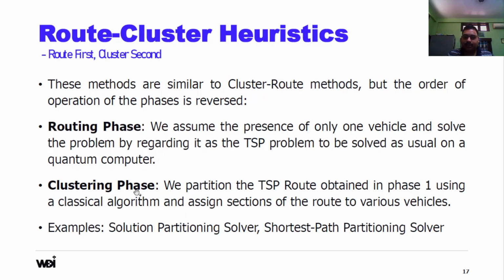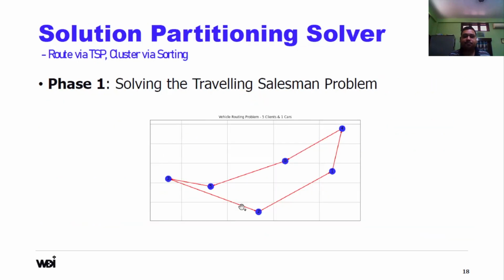And in the second phase, we partition the TSP route that we have obtained into k parts, and we assign a small section of the TSP route to the k different vehicles. Examples of this type of solver are the solution partitioning solver and the shortest path partitioning solver. We shall take a look at the solution partitioning solver next.